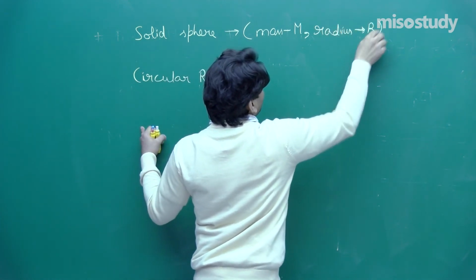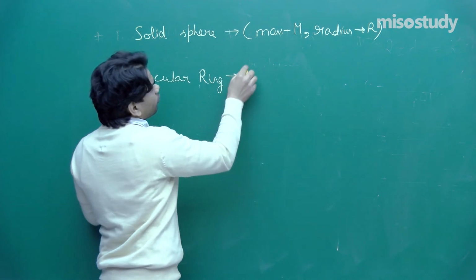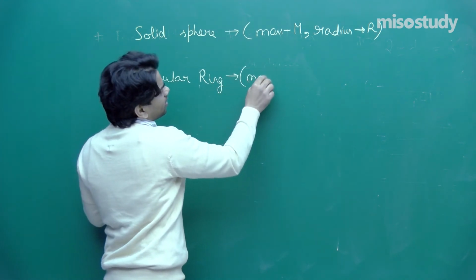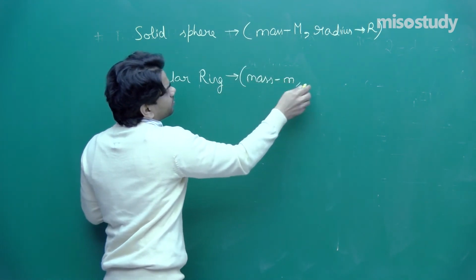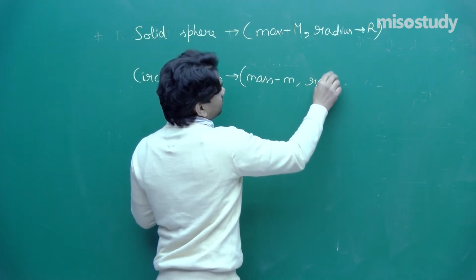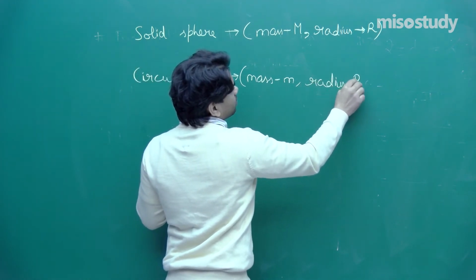This is what has been provided. And for the case of ring, it's given that its mass is small m, its radius is the same as capital R. This is what has been given.